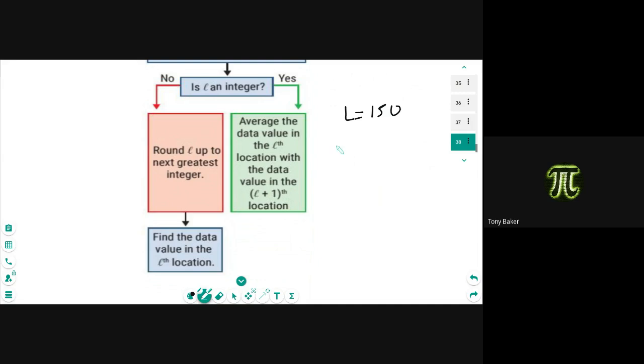So we're going to take the 150th number and the 151st number, add them and divide by 2. So if it's an integer, it's that number and the next number, and that's your percentile.